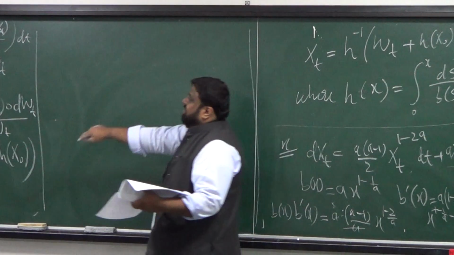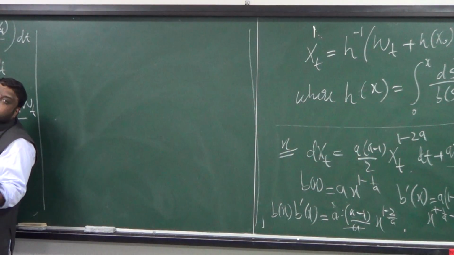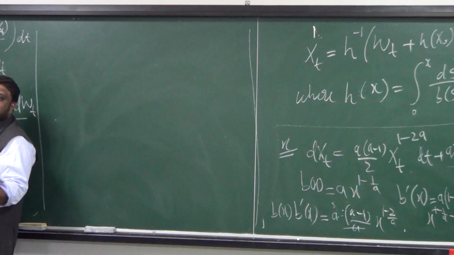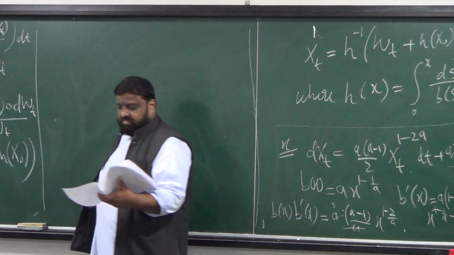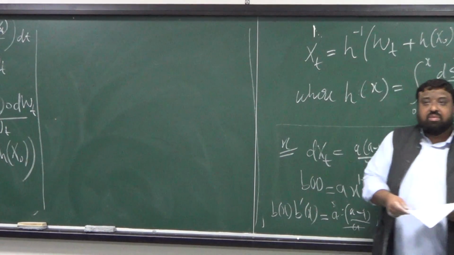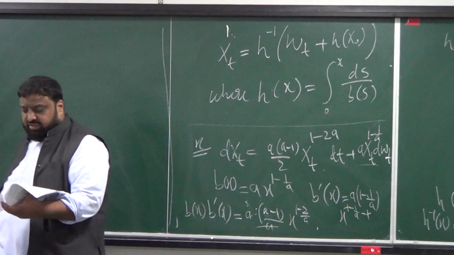Along with b of xt, imagine that you also have an h of xt. Then how to solve it? You can also reduce that kind of SDE into a linear SDE and then solve it. So there is stuff for you to read. Just go through them, read them, do some examples, and keep some of the results as fact.